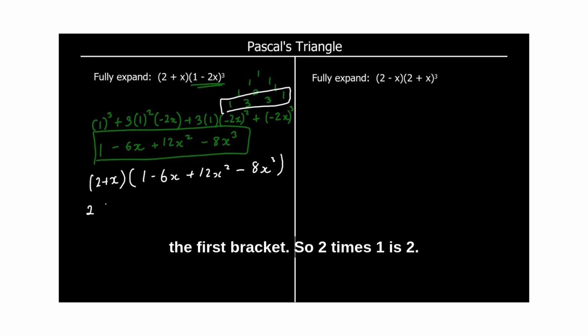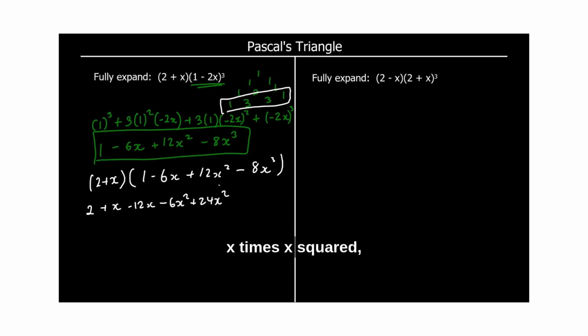So 2 times 1 is 2. x times 1 is x. 2 times negative 6x, negative 12x. x times negative 6x, negative 6x squared. 2 times 12x squared, 24x squared. x times 12x squared, 12x cubed. 2 times negative 8x cubed is going to be negative 16x cubed, and x times negative 8x cubed is negative 8x to the power of 4.